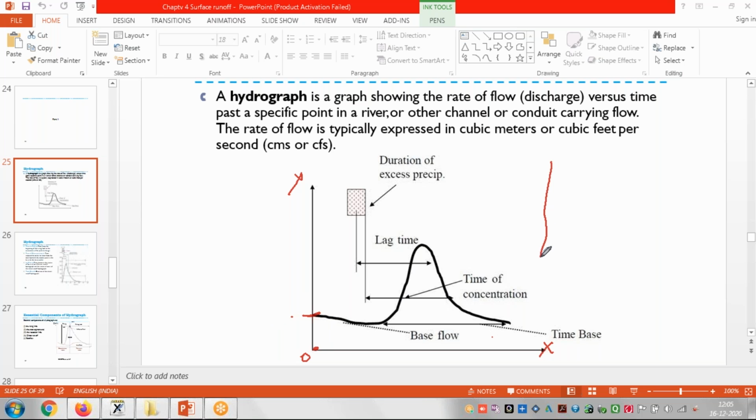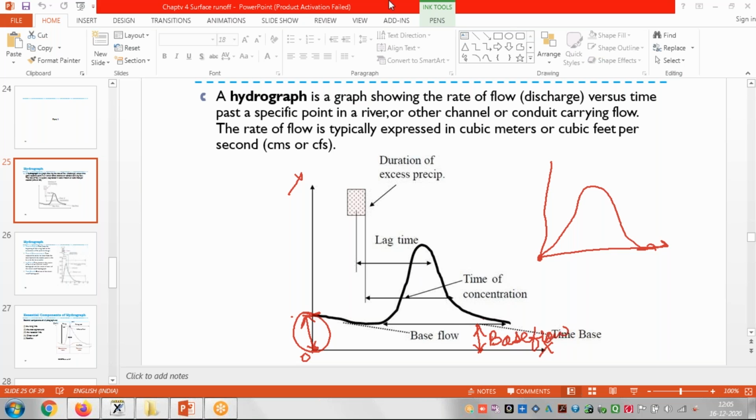Generally, if this is zero and this is the last, we make it like this. But here there is some value. What is that? This is called the base flow. Base flow, right? What is this base flow?